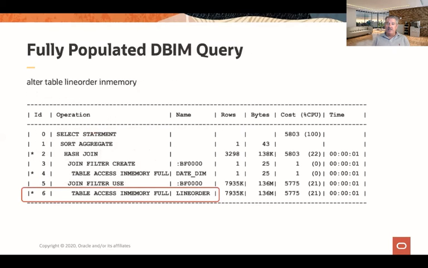For 19c or 21c, when the table is fully populated and we haven't excluded anything, we'll see a TABLE ACCESS INMEMORY FULL of the LINEORDER table. And that's how that query will run. That's the happy path, if you will.